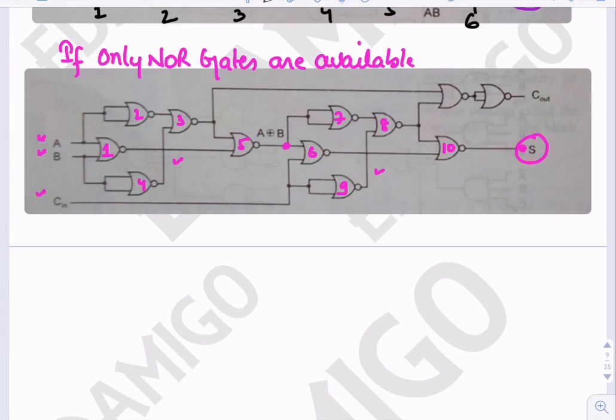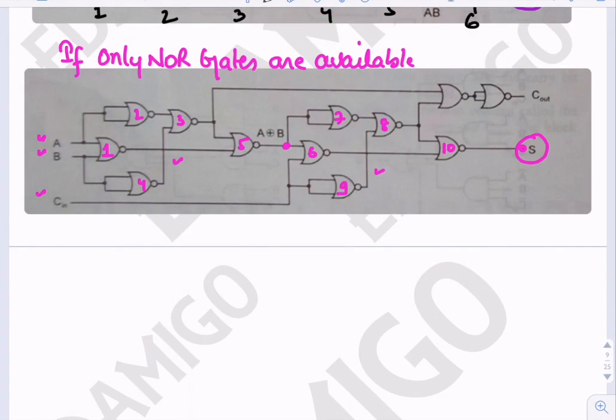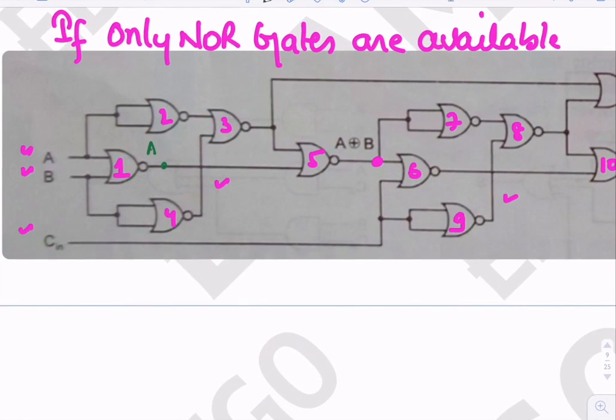Okay, and now let's look at the design first. Let me zoom in. Here we will get (A plus B) conjugate. Here we will get A conjugate, here we will get B conjugate, and here we will get (A conjugate plus B conjugate) whole conjugate.